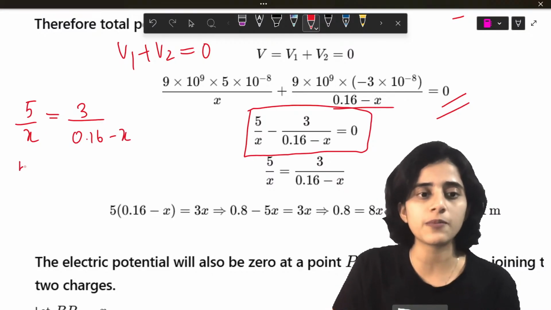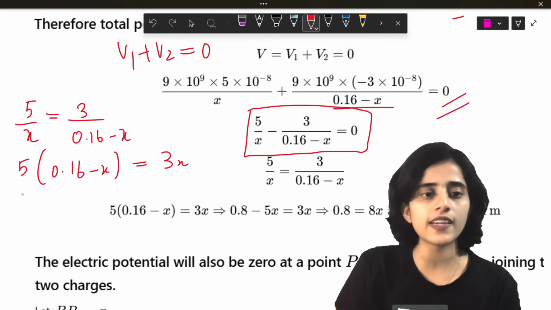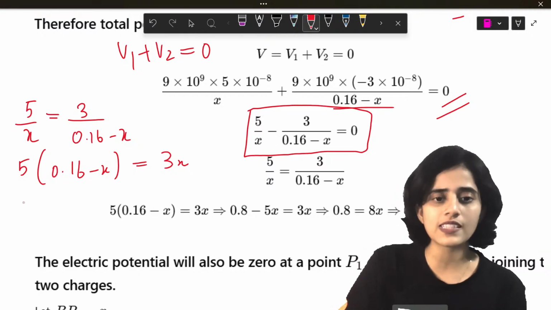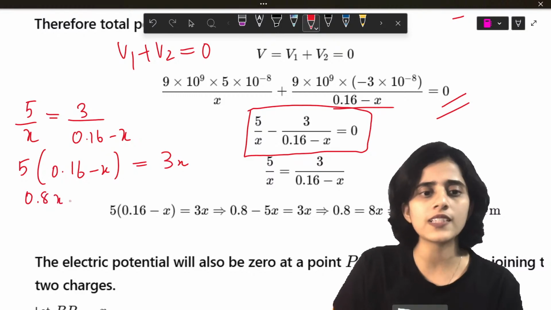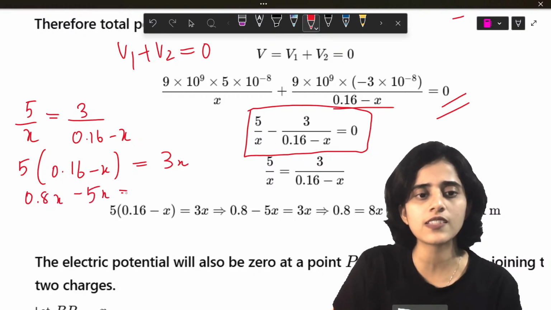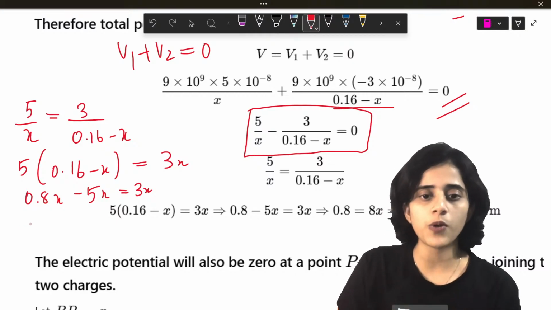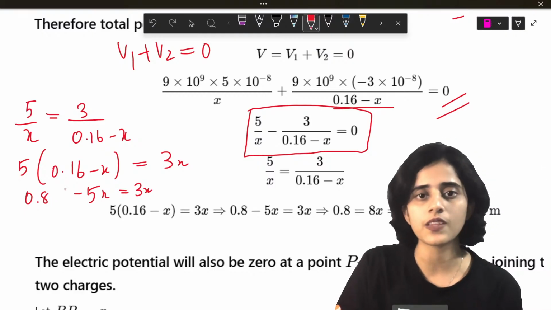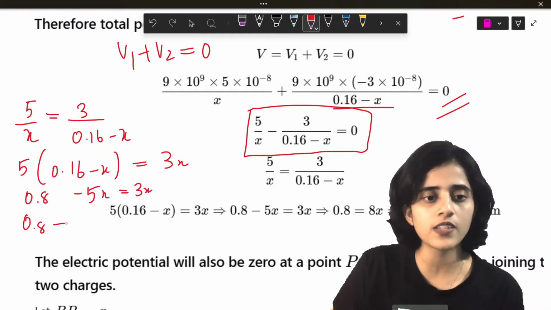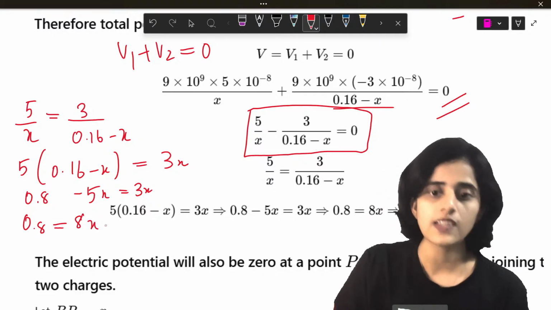Now you cross multiply. 5 into 0.16 minus x is equal to 3x. Open the brackets. 5 into 0.16 is 0.8, so 0.8 minus 5x is equal to 3x. So 0.8 should be equal to 5x plus 3x, which is 8x.